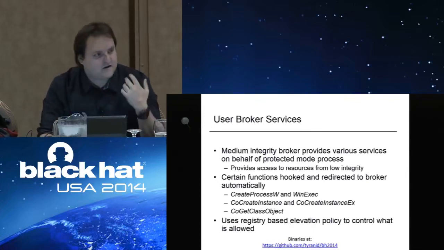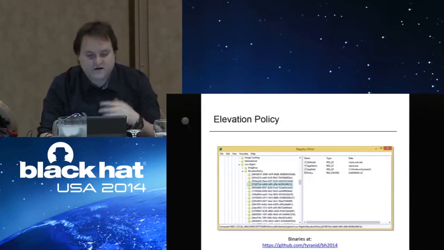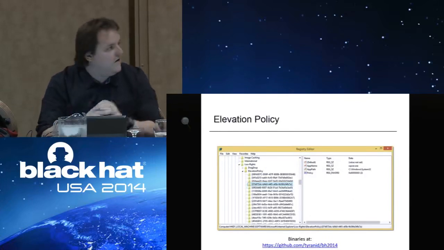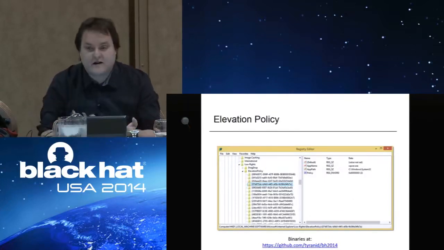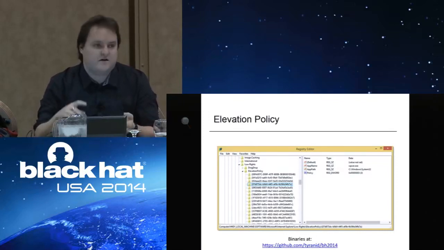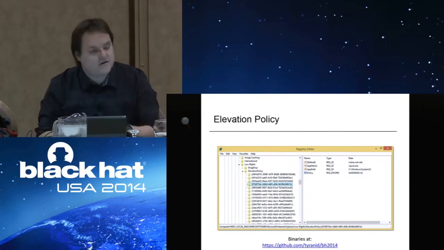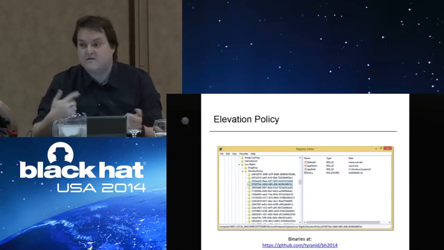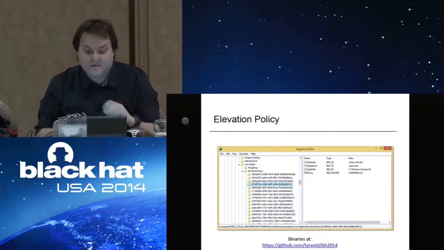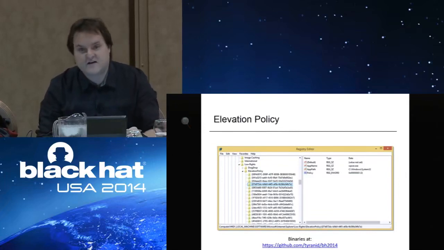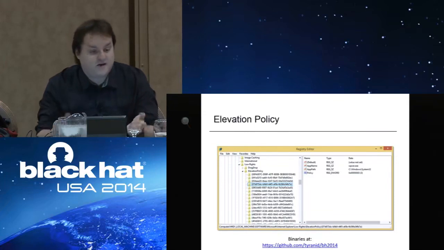And it does this security decision through an elevation policy. The elevation policy is something written into the registry and contains basically the information about what processes are allowed to run, what COM objects are allowed to instantiate. I'll show that in a bit more detail later as we go into my methodology of finding bugs. But basically, you can just see this in the registry, and it's effectively documented.